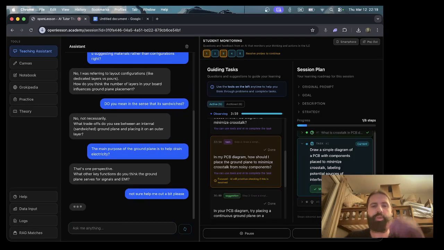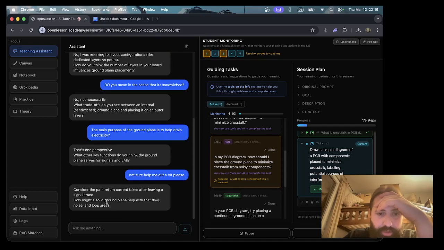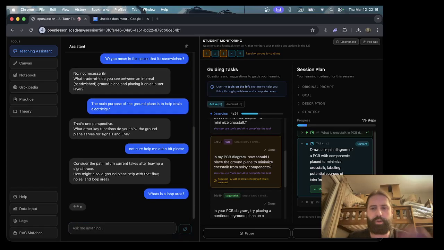Maybe I have to fine tune the prompt a bit. I want the assistant to give me answers. Actually, consider the path return current takes after leaving a signal trace. How might a solid ground plane help with that flow? Okay. Noise and loop area. What is a loop area?